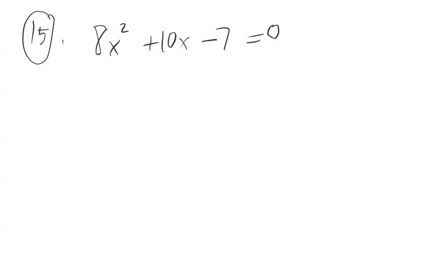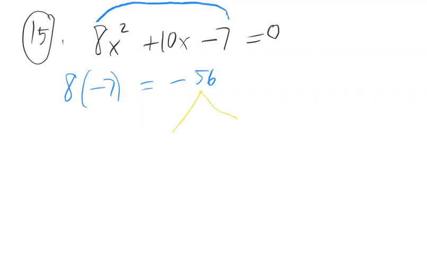Sometimes you call this the rainbow method. You draw a pretty rainbow from the first number to the last number, so you multiply them together. 8 times negative 7 equals negative 56. Then after the rainbow, the sun shines down and you break the negative 56 apart into a pair of numbers from which you can get 10.